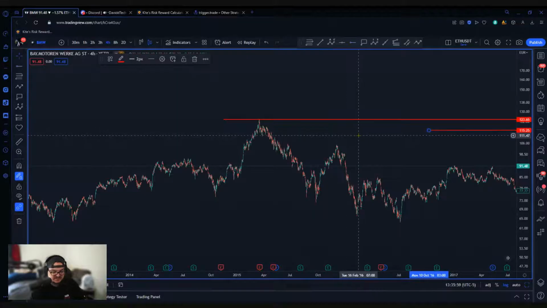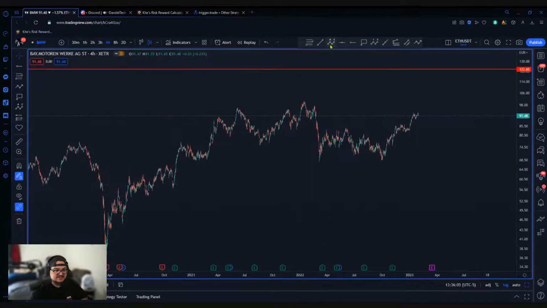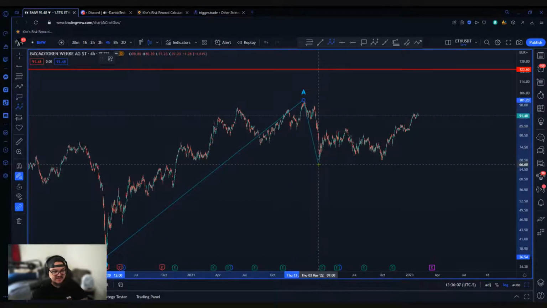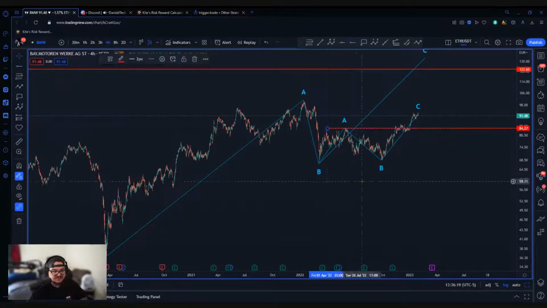If we are going to break this pivot here of this high, what I want to see is either this becoming a completed A, we have a rapid drop to a B, and we continue higher for a C, or maybe we're forming a much larger ABC here, and this is going to complete a larger B wave.